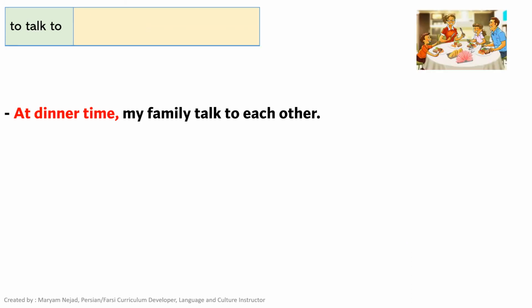Next example. At dinner time, my family talk to each other. The verb is talk. So the infinitive is to talk, which in Farsi is حرف زدن. You might have heard of صحبت کردن too. That also works. In English, you talk to someone, but in Farsi, we don't talk to someone.